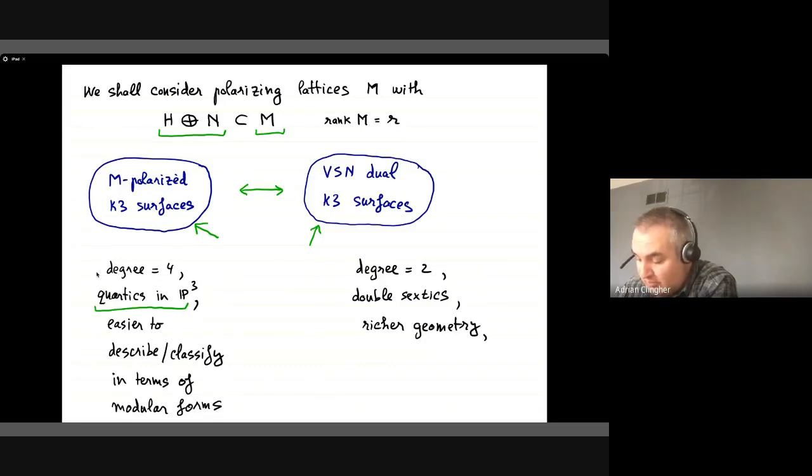Their duals, however, usually appear as degree 2 K3 surfaces, double sextics. And they are not that easy to classify, perhaps, but they have a much richer geometry. For instance, they have many more rational curves. The group of automorphisms is much higher, and so on and so forth.